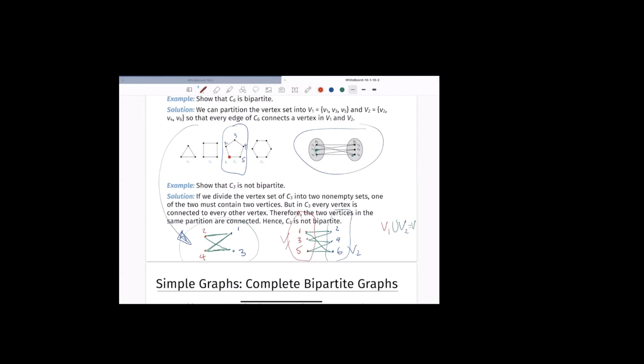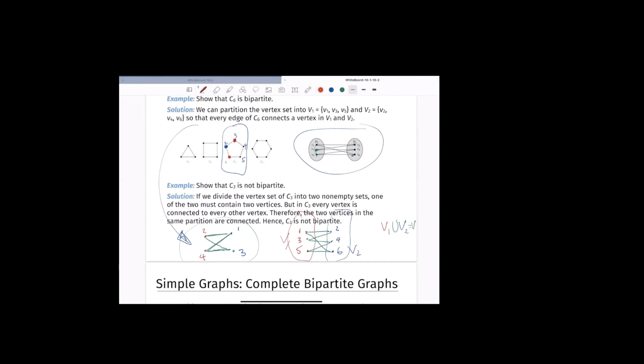Then because 1 is connected to 2, 2 has to receive a different color. Now 2 is connected to 3 as well, but because 3 and 1 are not connected to each other, they can have the same color. So I'm going to put 3 in the same set as 1, and color it red.